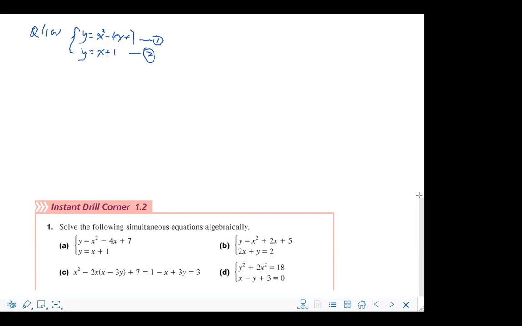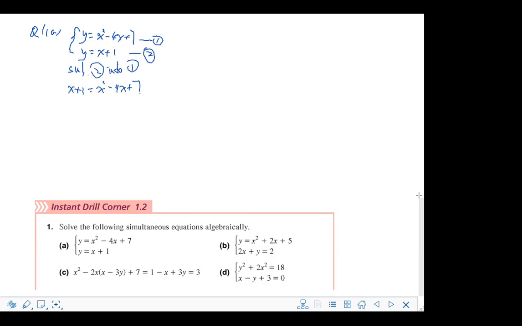That is equation 2. And we check whether we need to change the subject. No, y is already the subject here, so we do not need to change the subject. So we just need to substitute equation 2 into equation 1 directly. So this becomes x plus 1 is equal to x squared minus 4x plus 7.